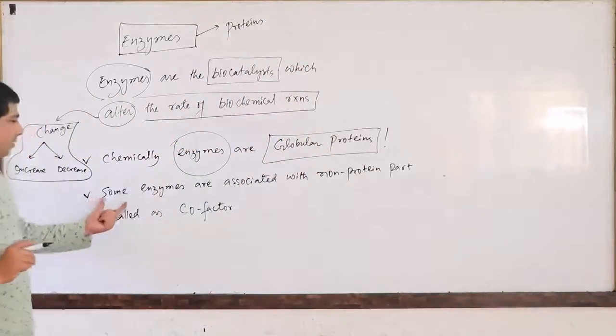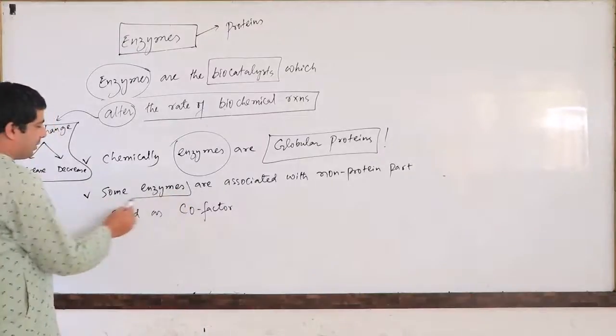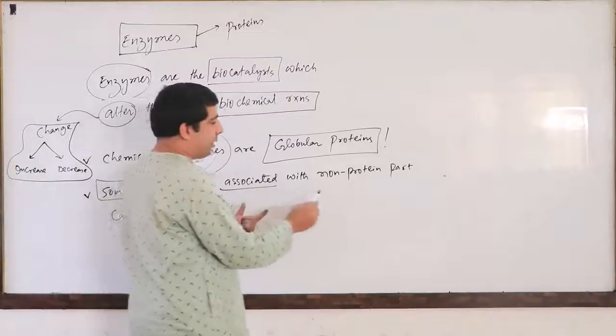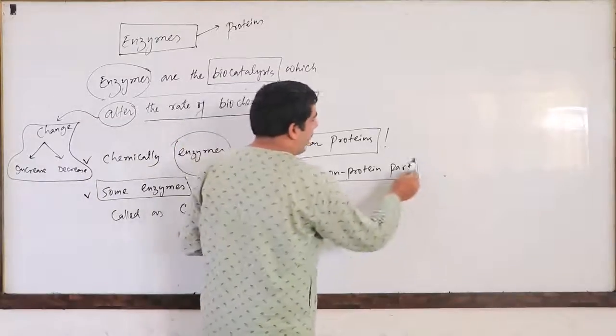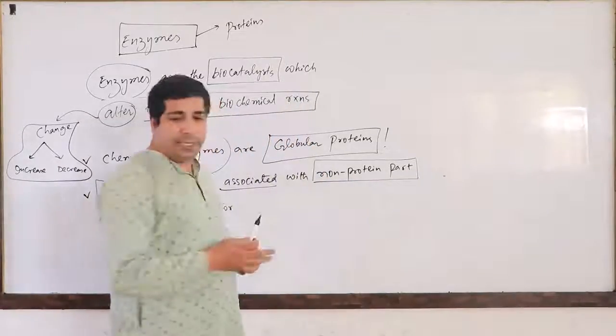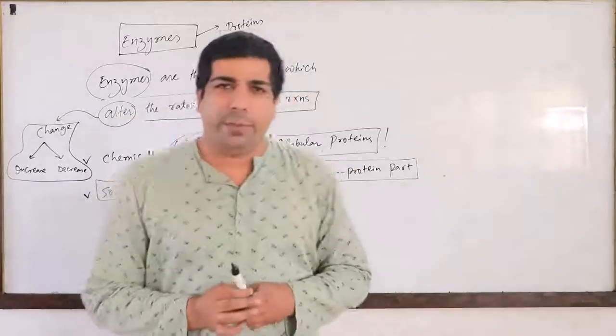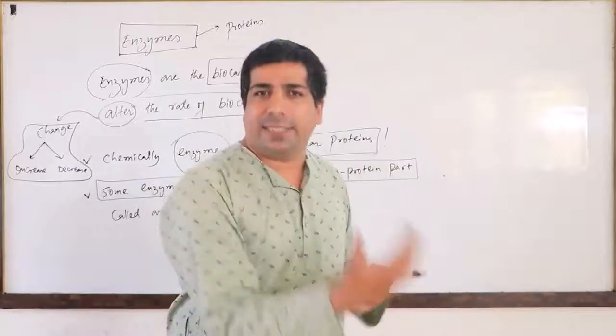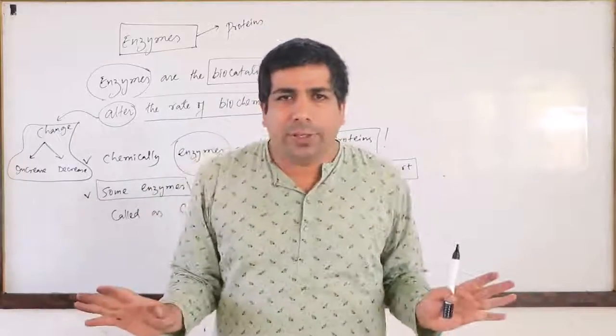Another point we have: some enzymes are associated with a non-protein part. See here, if you have a globular protein, just a protein, and it's acting as an enzyme, that's well and good.